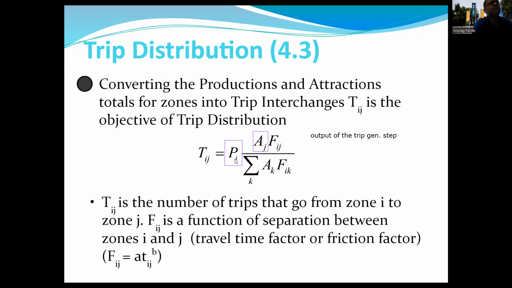But what this equation is telling you is that two zones will have a lot of trips between them if they have a lot of production at zone i and a lot of attraction at zone j. For example, Cal Poly attracts a lot of trips in the morning peak hour because we are a big employment center here. So during the morning peak hour, our Aj value, the number of trips attracted to Cal Poly, is pretty high.